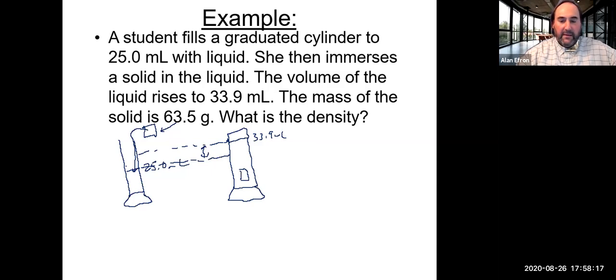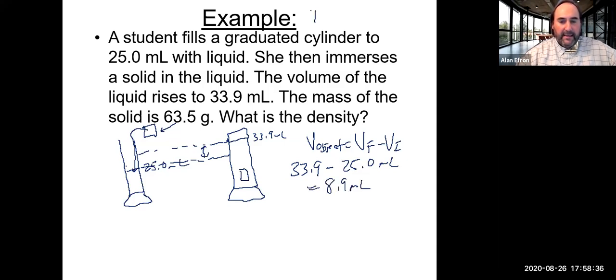So the first thing we want to find is the volume. So the volume of our object here would be our final minus our initial. So we're going to take 33.9 minus 25.0 milliliters. That's going to give us 8.9 milliliters. Remember that density is our mass divided by volume.